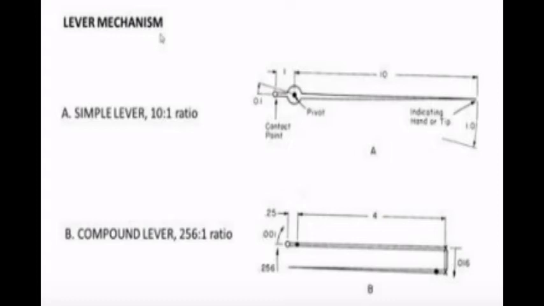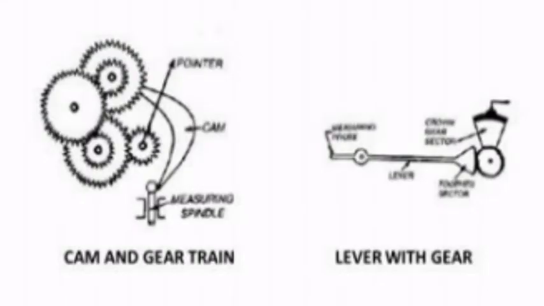Another mechanism is cam and gear train. There is a measuring spindle with a cam, and then we have a set of gears. Using this we get the amplification of the signals. And there is another system which uses a lever with gear. Using the lever system we get some amplification, and using the gear train we get further amplification of the signal.